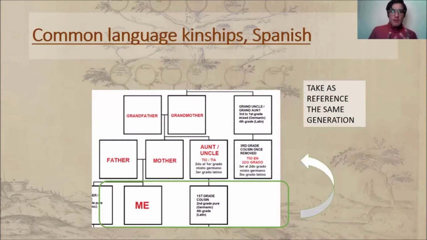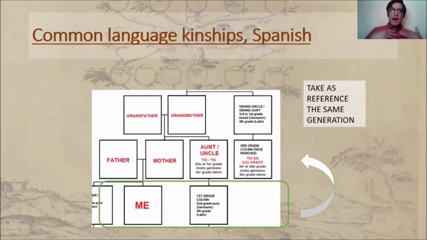In this case, you can see a distant relative, a third-grade cousin once removed, at the right of the chart. In Spanish, that is a tío en segundo grado, literally translated uncle in second grade. How can you explain this?